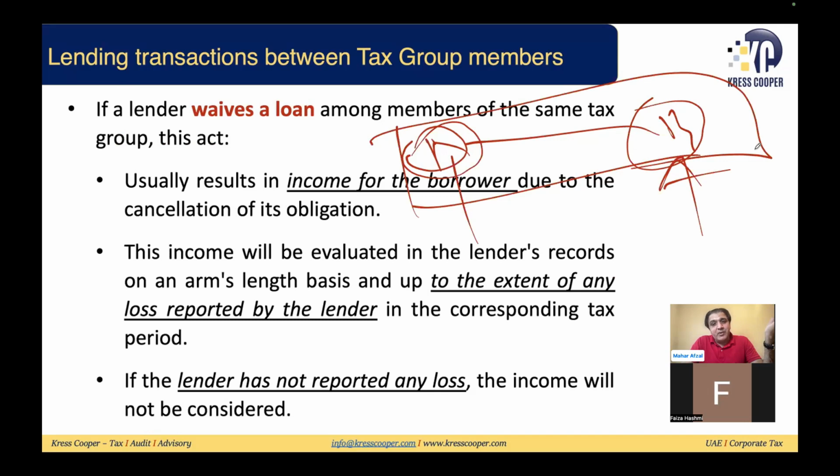Yes, the income will be evaluated in the lender's records on an arm's length basis, up to the extent of any loss reported by the lender. Basically, one restriction is there: whatever loss the lender books, the corresponding impact will go to B as well. If the lender has not reported any loss, the income will not be considered. Whatever the loss to the lender, the same amount will be reversed in B's books. Otherwise, there will not be any adjustment.